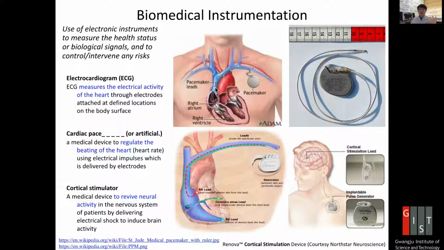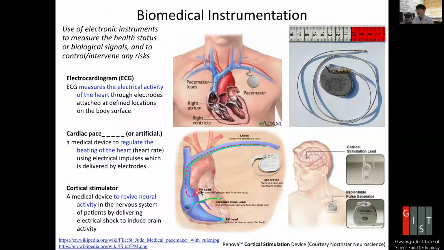From your heart anatomy knowledge, this vein goes to the right atrium, and the right atrium is connected to the right ventricle, so it goes to the tip of the right ventricle. More specifically, you can see this generator is placed surgically inside the body, and it goes to the subclavian vein, which is connected to the right atrium.